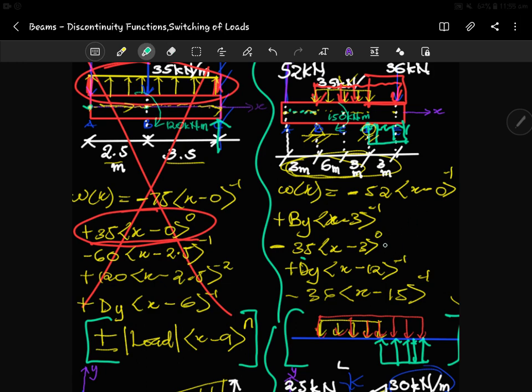So it's plus, right? The magnitude is what? 35. And then inside the bracket we have x. Where does it start? It starts just where the other ends. So that's 3 plus 3 plus 6. That's 12.